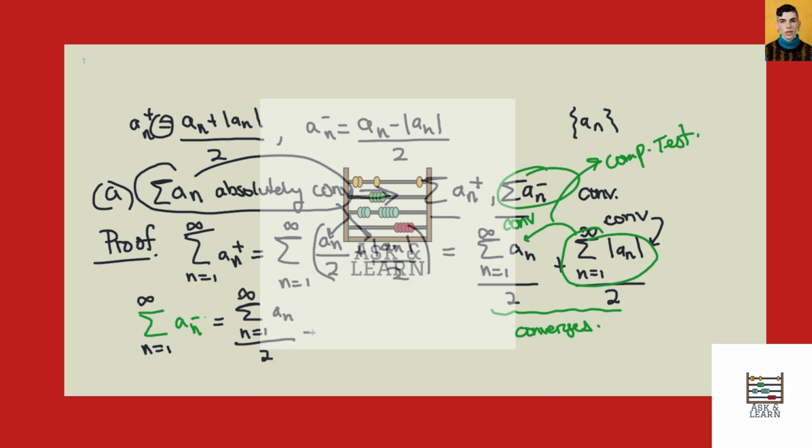You get the same thing except with a minus sign. However, if you subtract two convergent series, you still get a real number. Since both of these sums converge, this is a real number, so it converges. And so that resolves part A. We showed both of these sums converge.